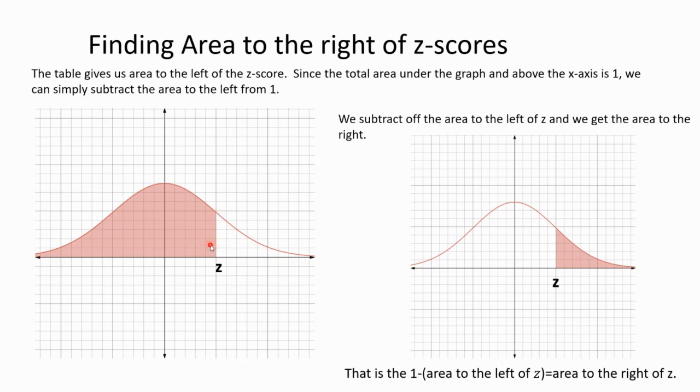So this is the area to the left. How would you get the area down here? Well, keep in mind the total area under the curve is 1. That's the total area. So to get this piece, what we can do is subtract the left piece from 1.